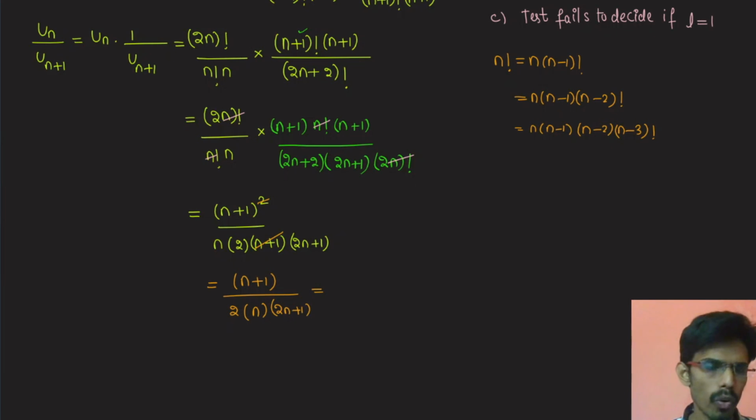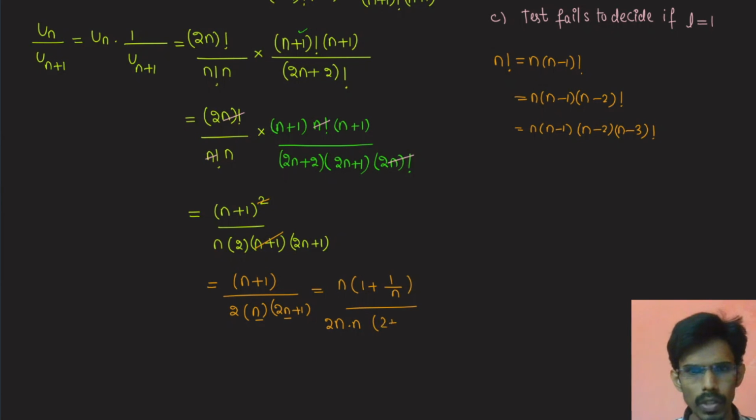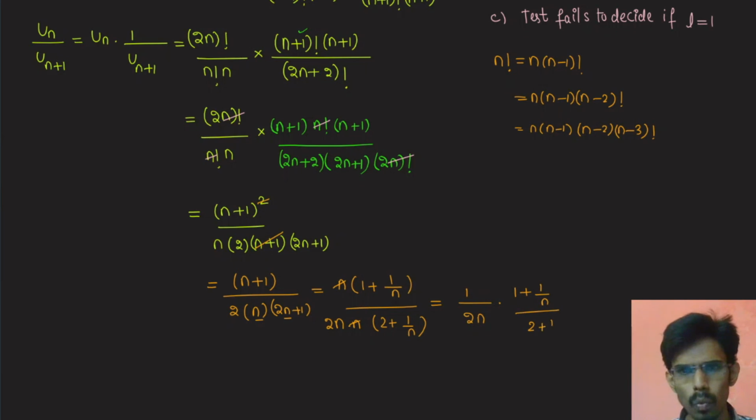So take the highest power of n common from the numerator, we have 1 by n. Next, highest power common from this term, here we have n. So this will become n into n, here we have 2 into n into 2 plus 1 by n. Now this n will get cancelled, we have 1 by 2n into 1 plus 1 by n by 2 plus 1 by n.